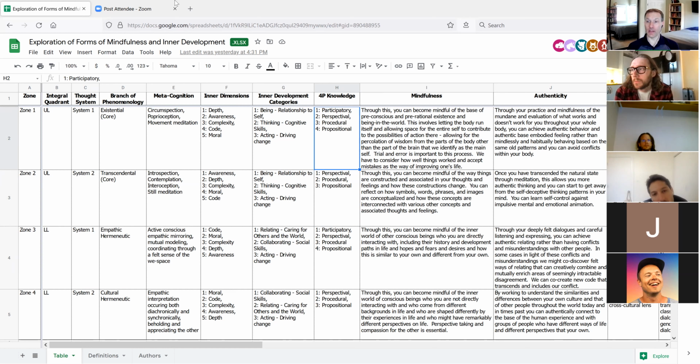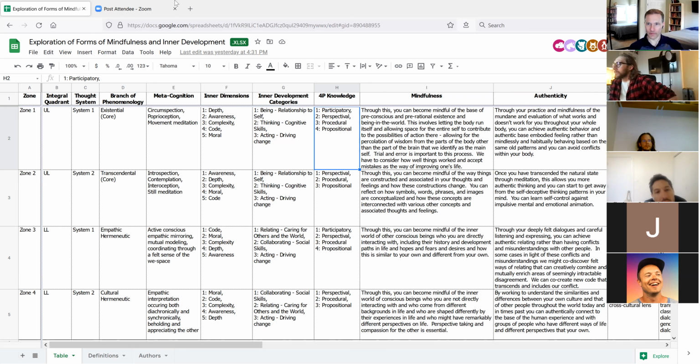And I imagine there are also ecologies of practice that start even further up on that stack. If you're learning math, then you're just learning propositional knowing. You're not even getting into the more embodied, participatory or perspectival. But I don't think that really goes into left quadrant stuff so much, or at least that's not something I felt was necessary to include in this table.